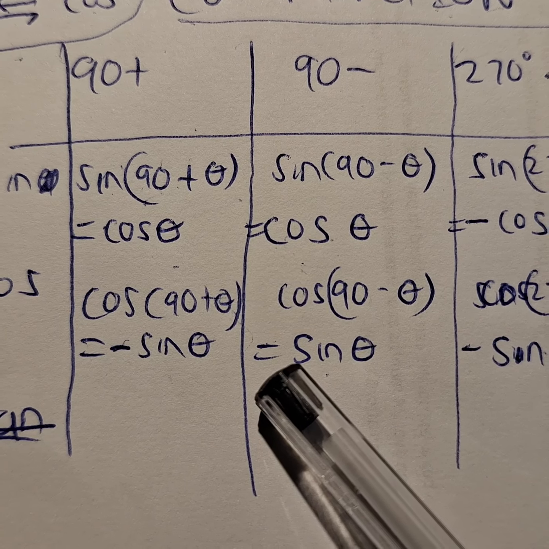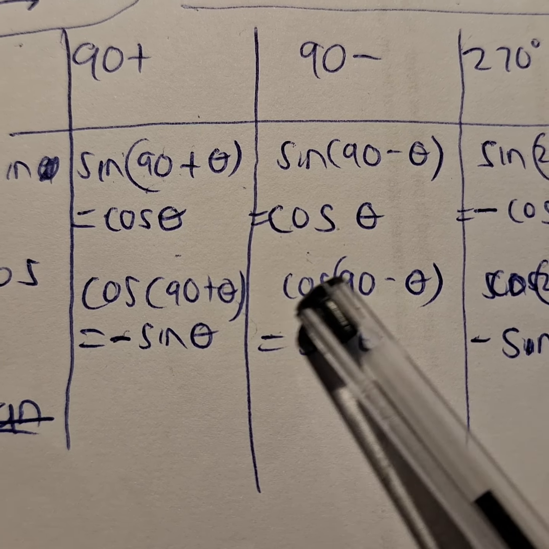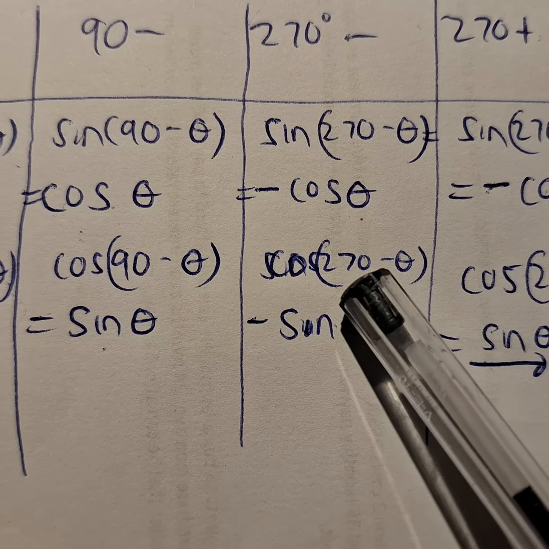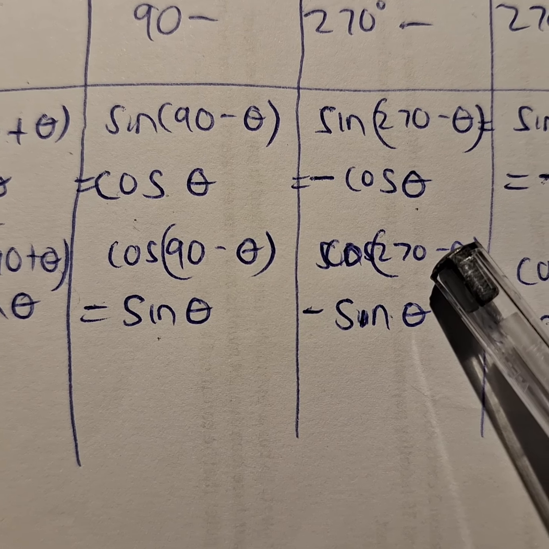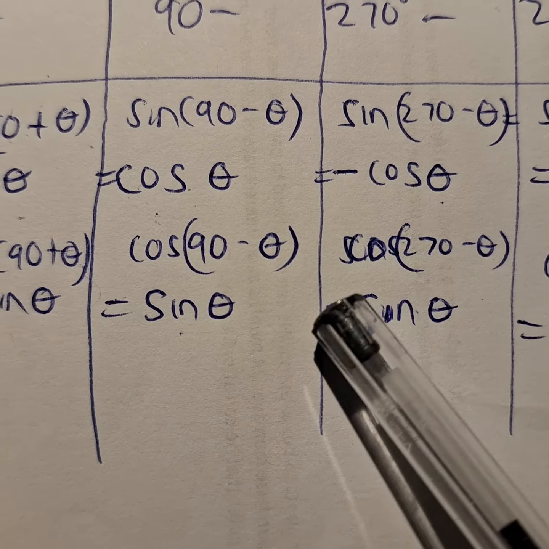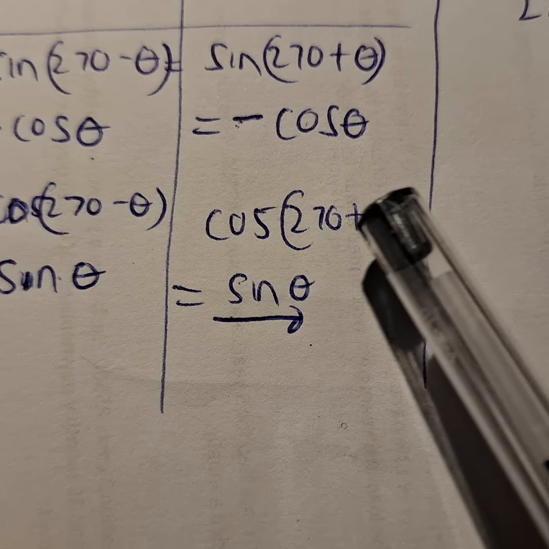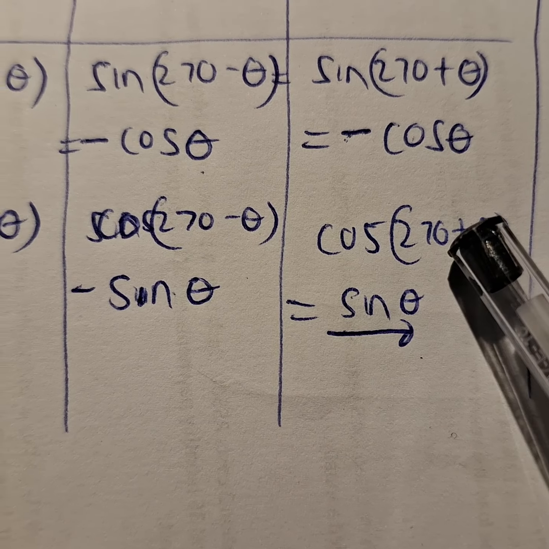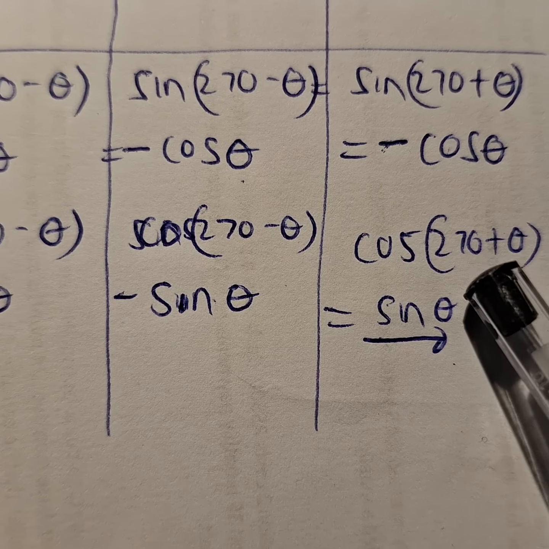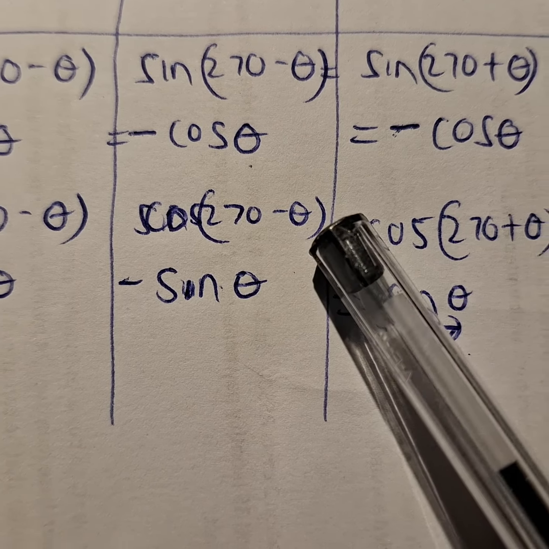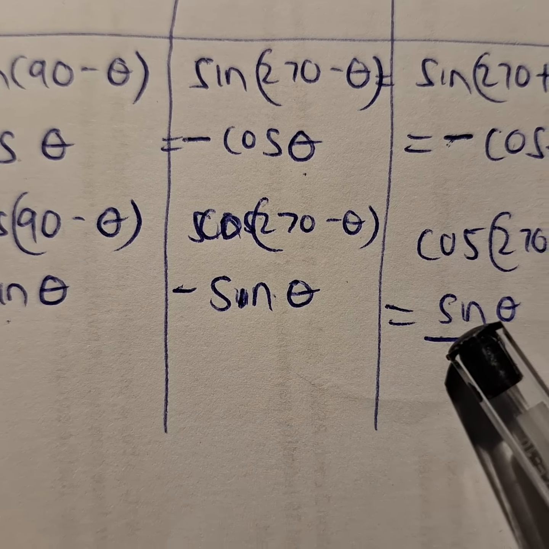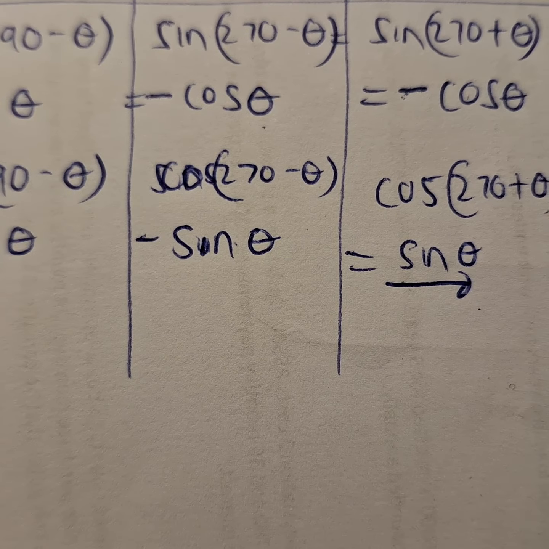So we write positive sine theta. Cos of 270 minus theta is in the third quadrant. How is cos there? It's negative. So we write negative sine theta. And last but not least, cos of 270 plus theta is in the fourth quadrant. How is cos there? It's positive. So we write positive sine theta.